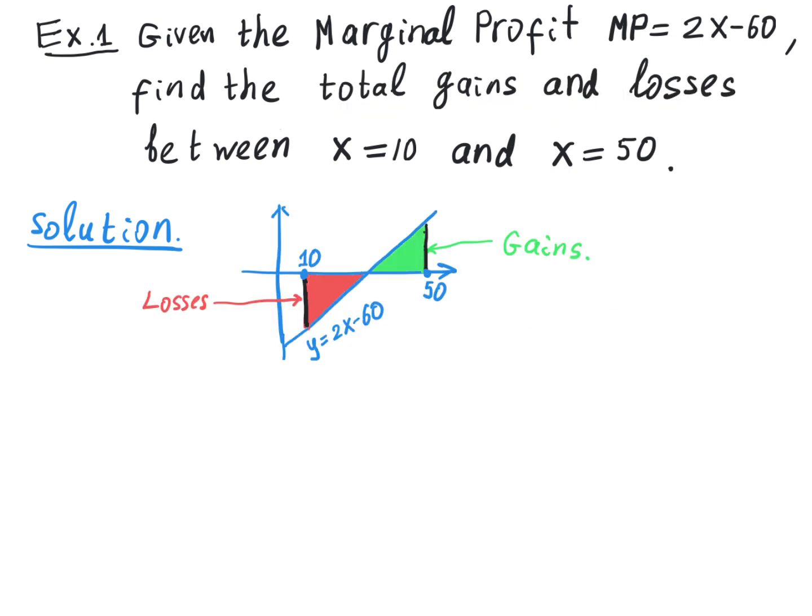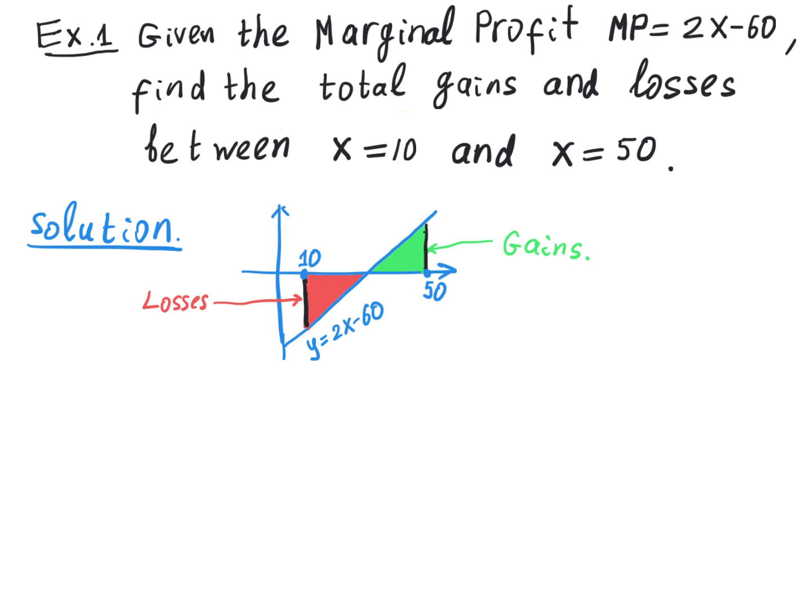Here's a related question. Suppose we are given the same marginal profit, 2x minus 60, and this time we need to find the accumulated gains and losses on the same interval between x equal 10 and x equal 50. In the previous problem, when we were computing the accumulated profit, we were integrating the marginal profit from 10 to 50.